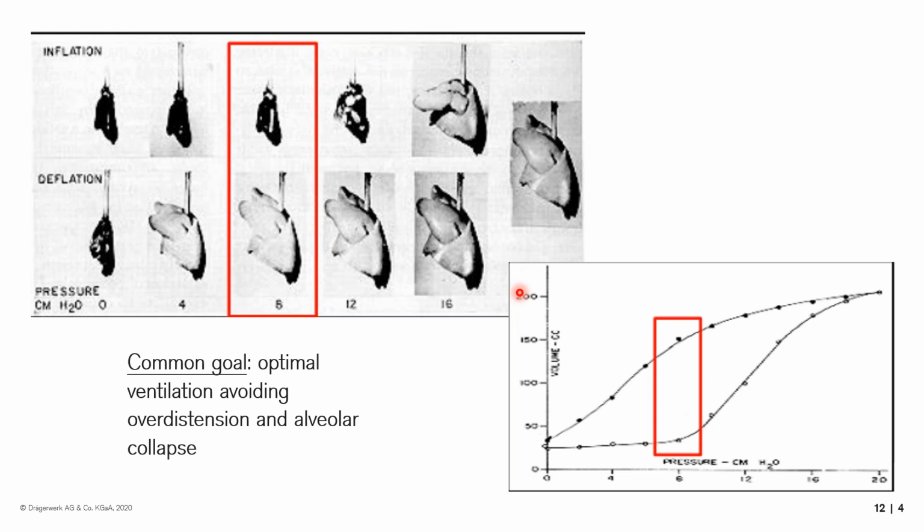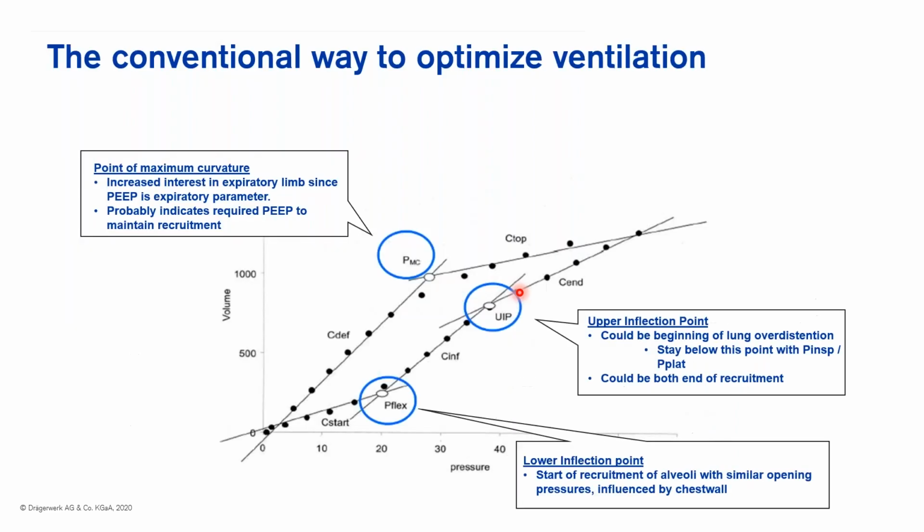However, sometimes it can be quite difficult to find the ventilation settings that allow us that. And that's why in some ventilators we have a function called low flow PV loop, which is considered one of the recruitment techniques and maneuvers, and also a maneuver that allows us to identify the optimal PEEP settings, the inspiratory pressure, and basically the optimized ventilation settings.